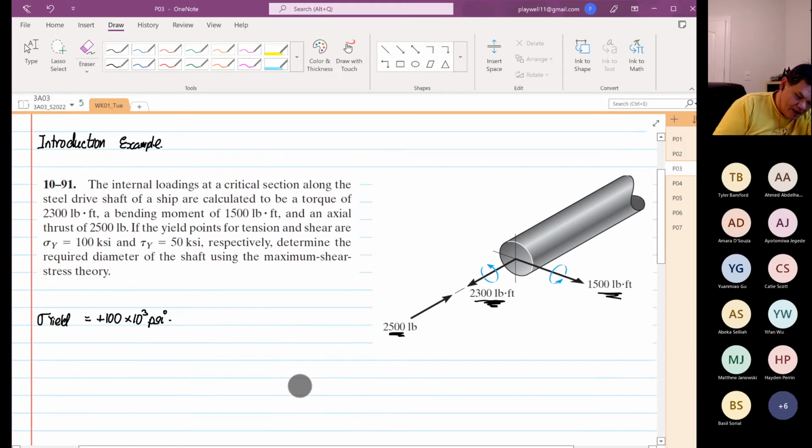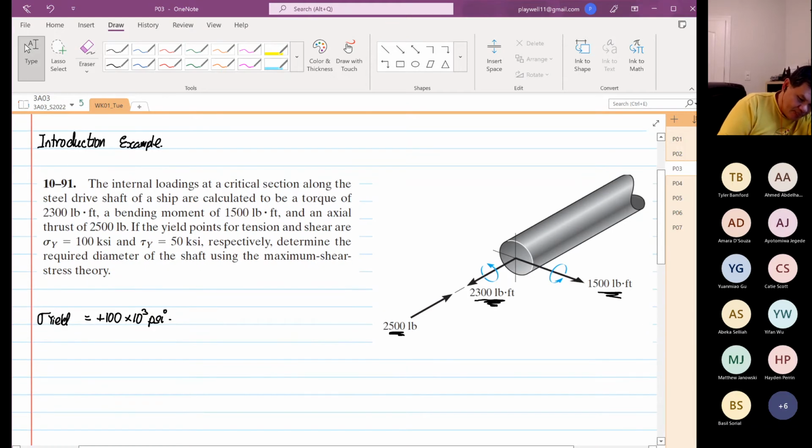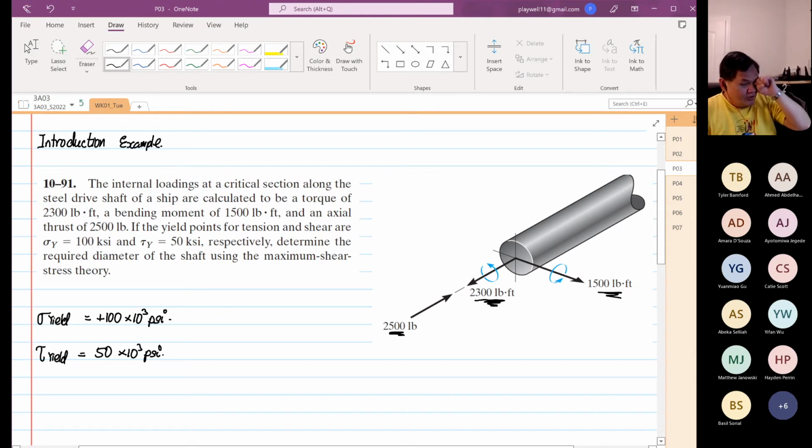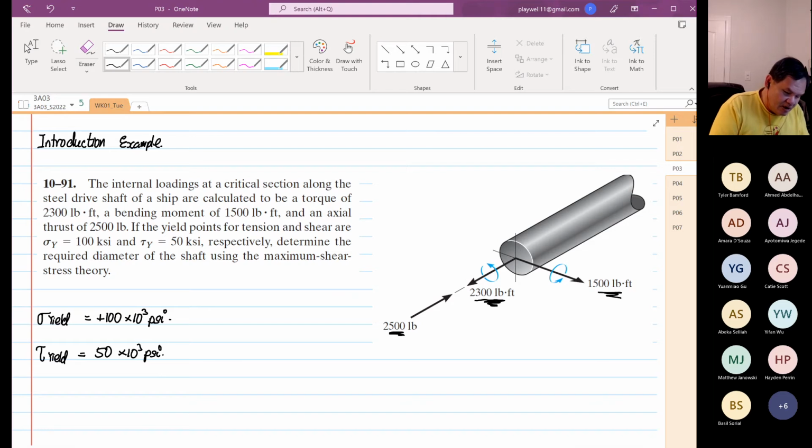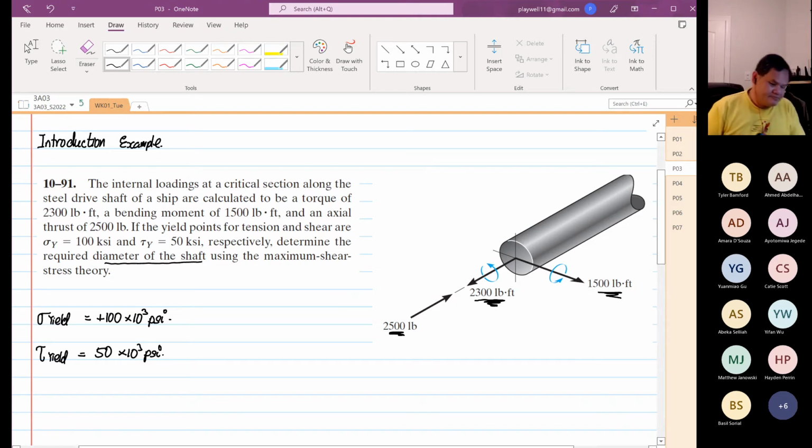Okay, and we are also given, right, that the shear in yield is equal to 50 times 10 to the power 3 psi. Okay, so these two are given. So what it asks us to do is determine the required diameter of the shaft.